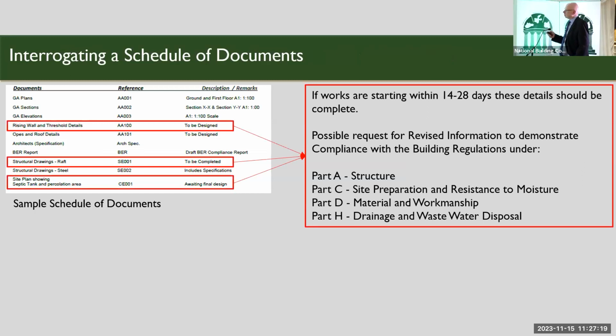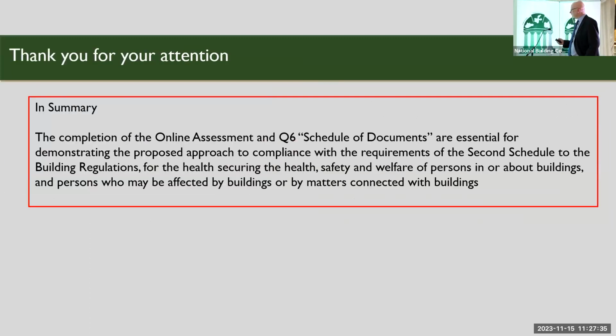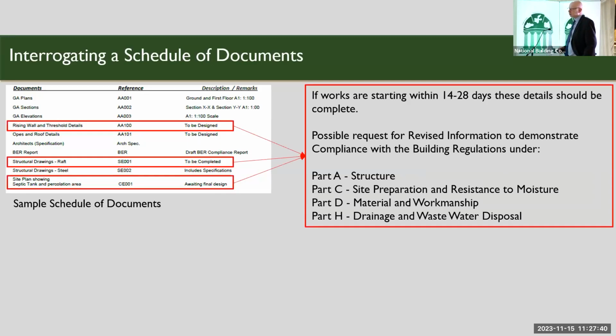So if they haven't got their rising walls and their raft foundation and the septic tank all shown, how do we know how they're illustrating compliance with Part A, C, D, and H? That could be a possible request for revised information. You could say the schedule doesn't actually illustrate what drawings are needed at this stage to illustrate compliance.